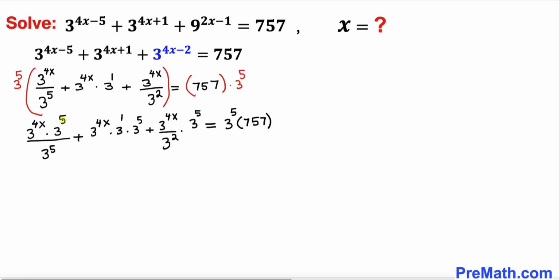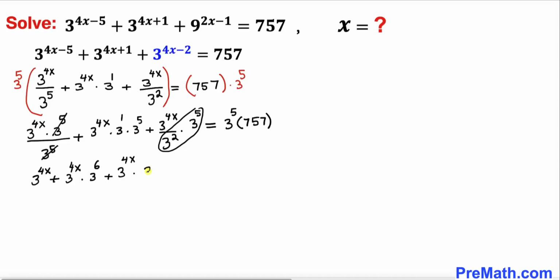And now we can see that this 3 power 5 and 3 power 5, they are gone. So we ended up with 3 power 4x plus, here we are going to apply this product rule of exponents. So that is going to give us 3 power 4x times 3 power 6, and plus 3 power 4x times, we are going to apply the quotient rule over here.